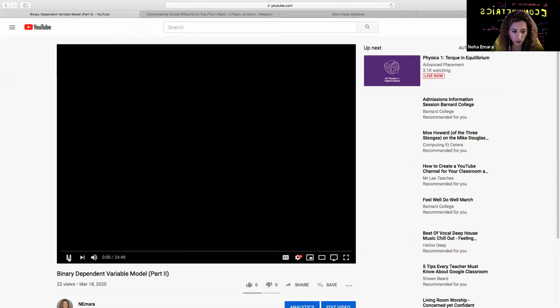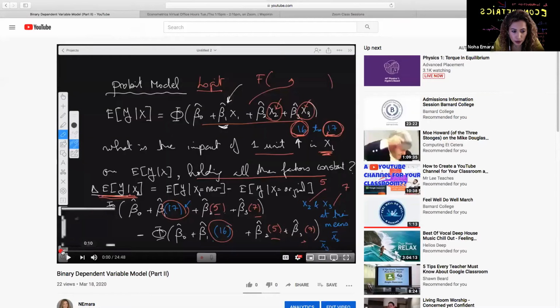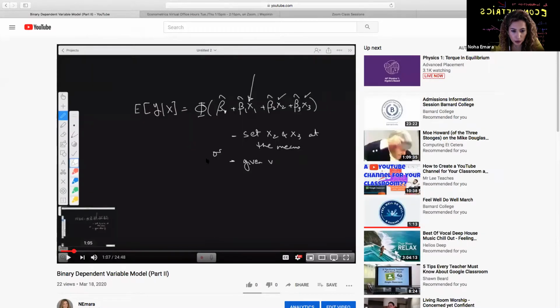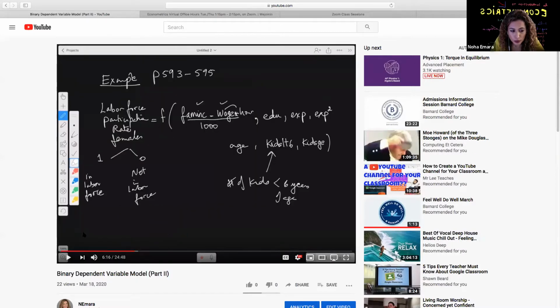In number 2, I'm not going to show you everything. I just want to show you that here I have an expanded version of the model, where I have x1 and x2 and x3. This is very important. The example in your textbook, pages 593 to 595, is about the labor participation rate of females.